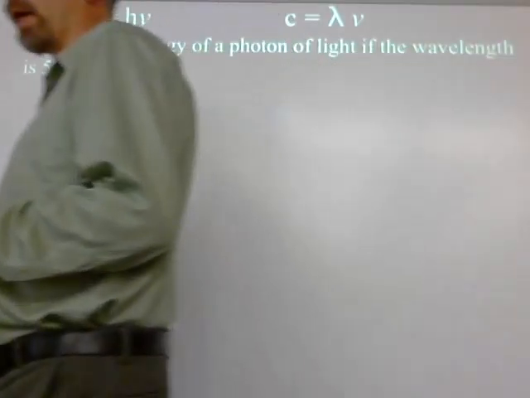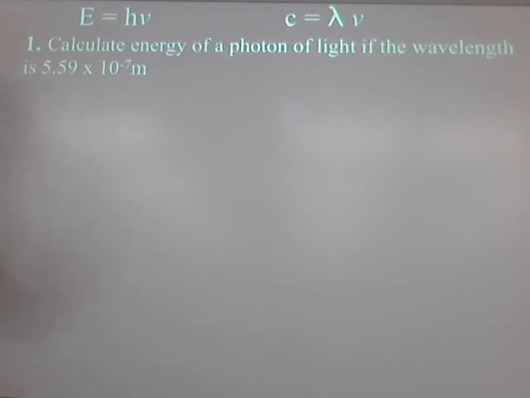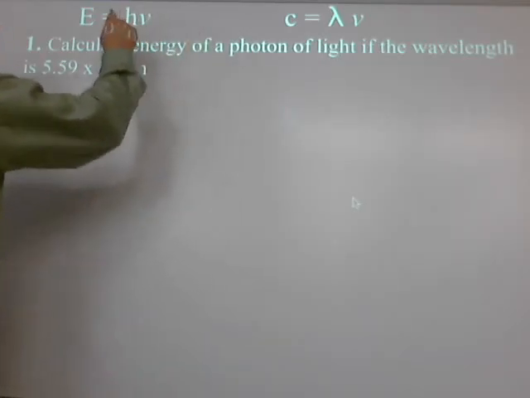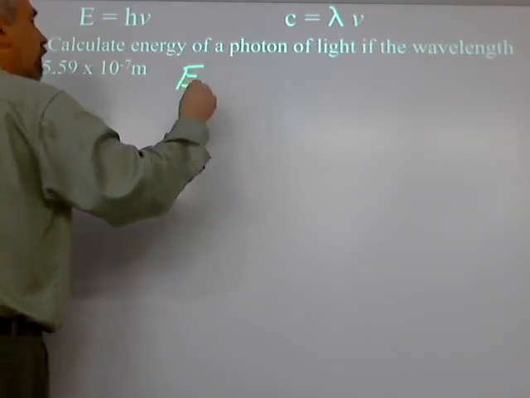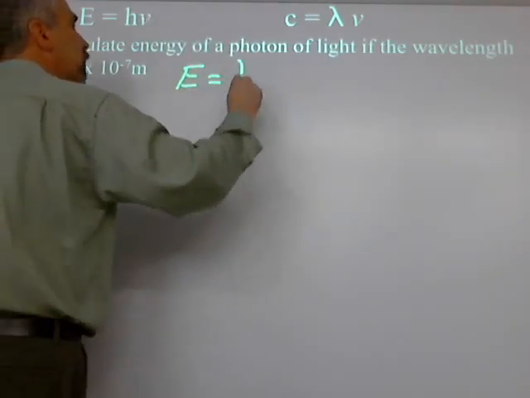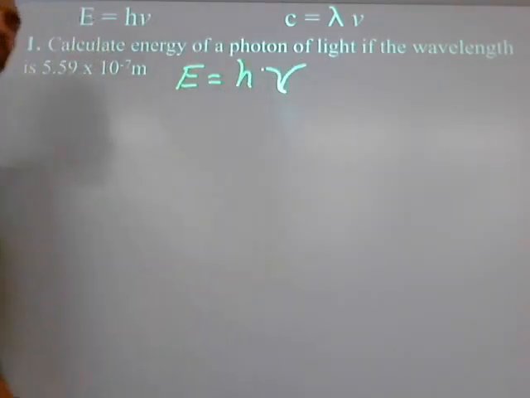You say, well, I got to do some rearranging, or I have to do two separate problems. Okay, you could do either way. I could do this as two separate problems, or I could rearrange it. It wants the energy of a photon, so it wants the E of a photon. And we know E equals h times frequency. But there's a problem with that. It doesn't give me the frequency, it gives me the wavelength. What can I do if I want to do this as one equation?